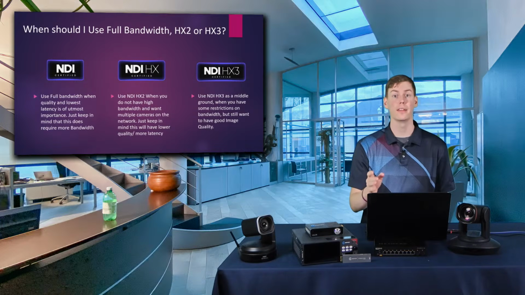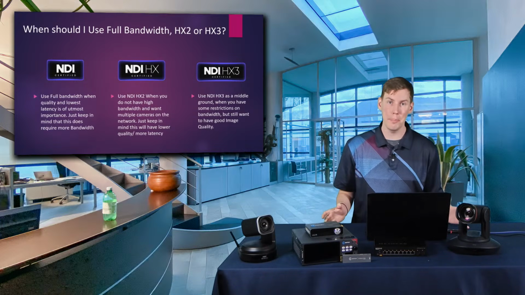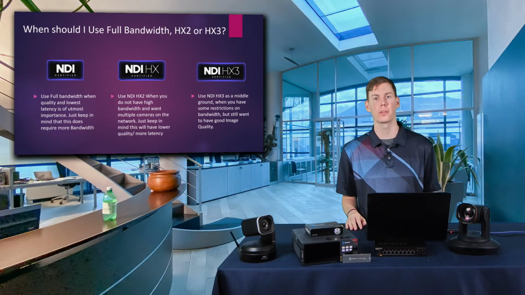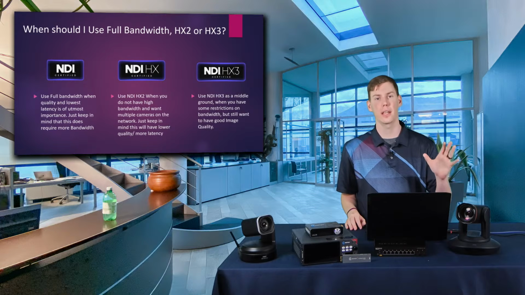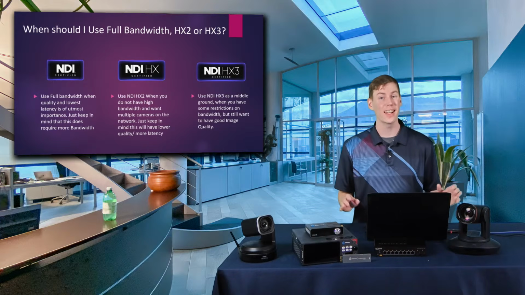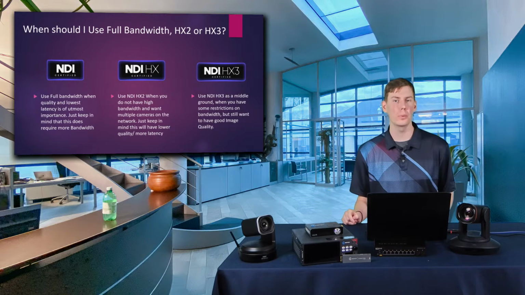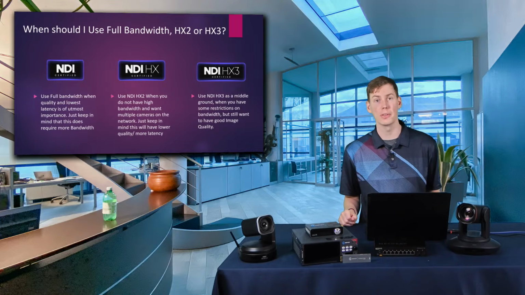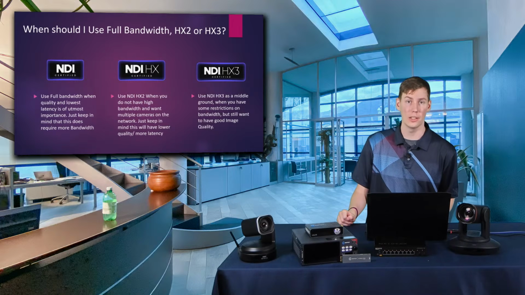But keep in mind, this is going to have, again, not bad quality, but it's going to have the lowest quality out of the protocols that we're talking about, and it could potentially have the most amount of latency. Again, not really an issue when it comes to modern switchers, because they have video delay built into them now, so it's not really an issue.